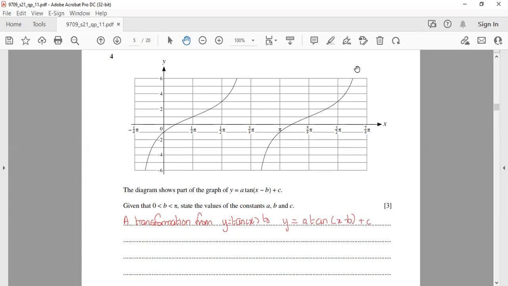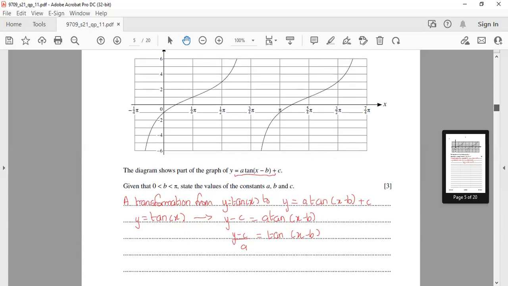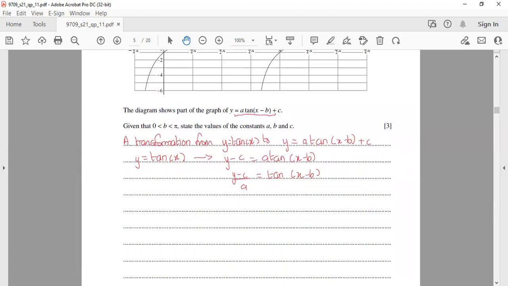If I want to find the transformations from y is equal to tan of x to y is equal to this, I can say that y minus c is equal to a tan of (x minus b), and (y minus c) divided by a is equal to tan of (x minus b). So let me list down the three transformations that we have.